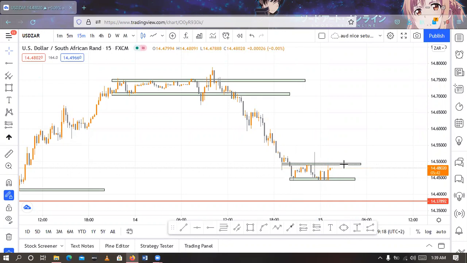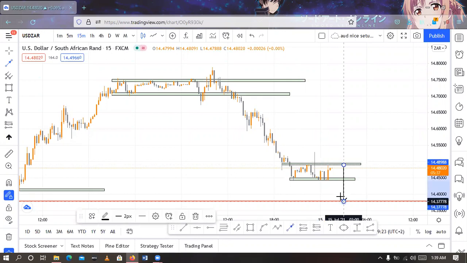Now, this level here, we might see price push to the downside if you are not seeing price behaving the way that you want. Wait for it to show you clear signs of you being able to have a confident trade in the market, pushing you to the upside or pushing you to the downside.